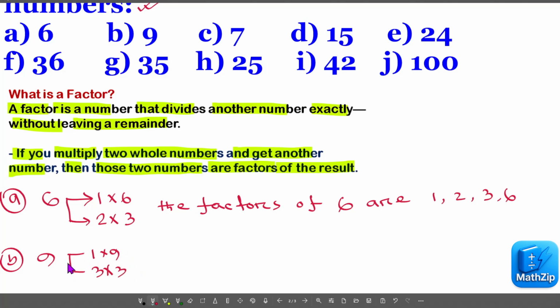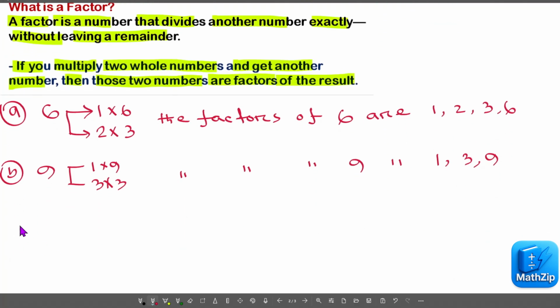We can divide 9 by each of these, and when we multiply each pair we get 9. So the factors of 9 are 1, 3 and 9.